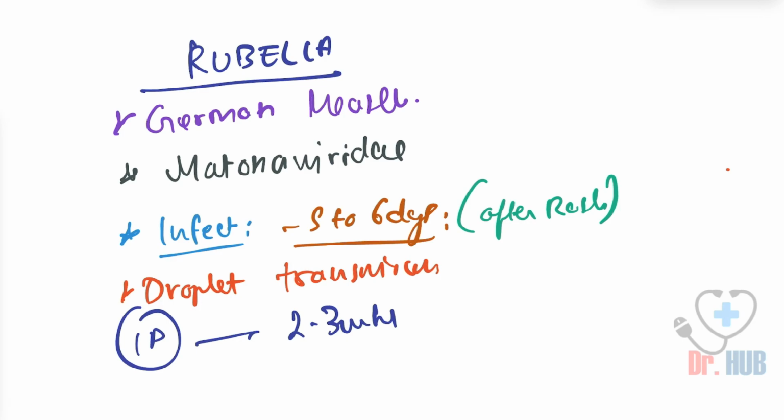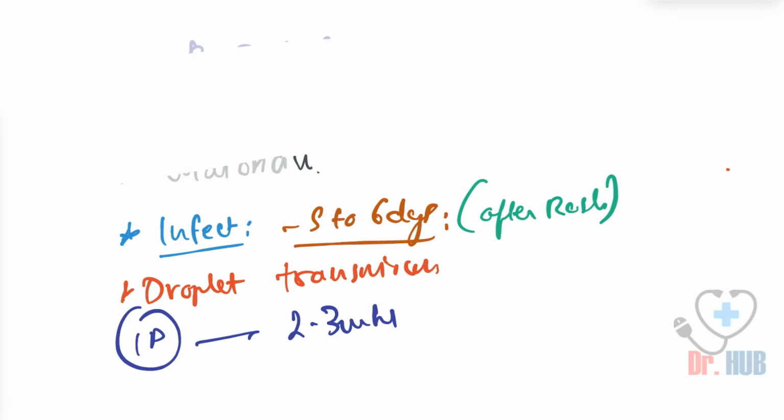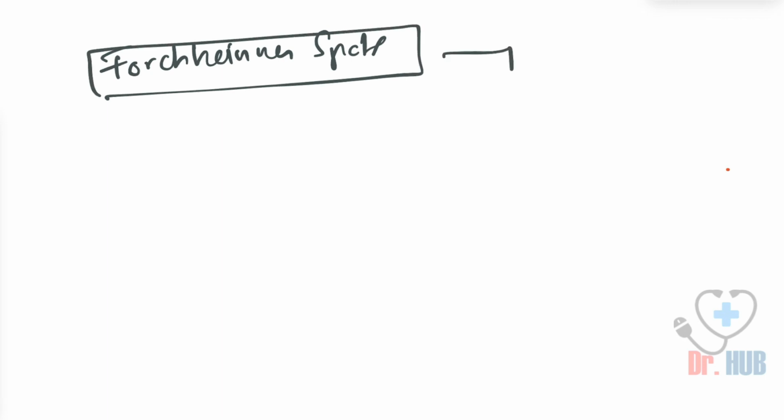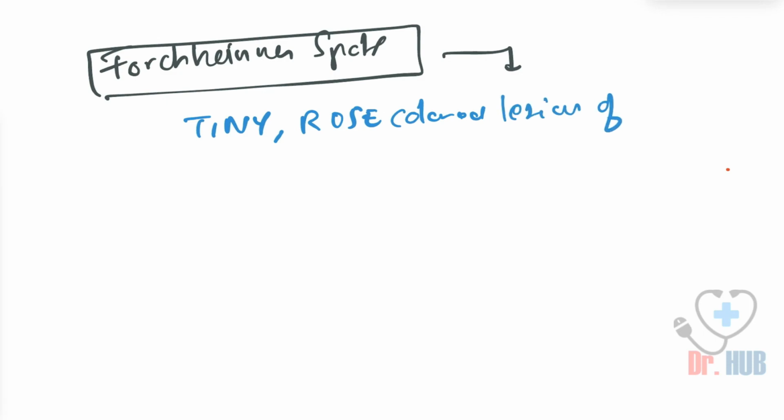Then we look at the spots. There are some special spots known as the Forchheimer spots. These are tiny, rose colored lesions of the oropharynx.